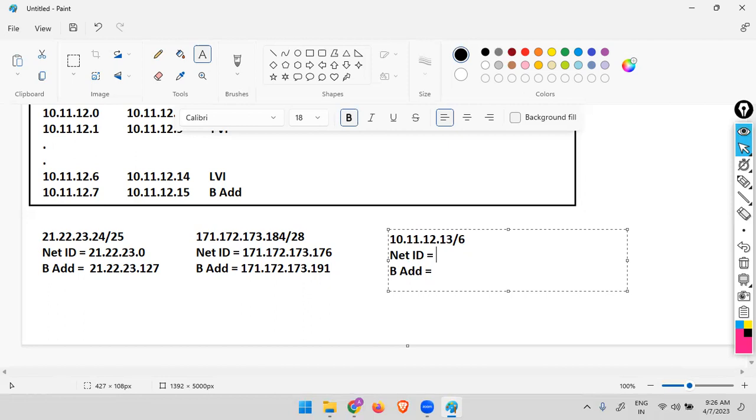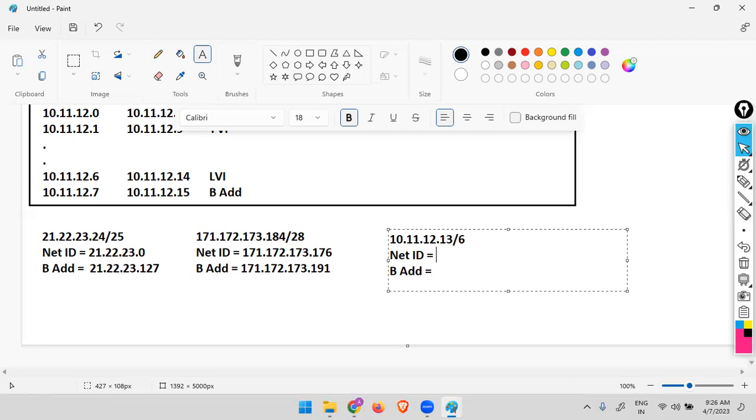And some students get confused and they say, this is not even possible. The first question, they'll give you the IP address with /6. They'll ask you, is it possible? And you'll say, okay, class A/8. That means not possible. No, it is possible. We do not care about the class. We do not care about the default subnet mask. We just care what is the / value given. And as long as we have a / value, we can calculate.